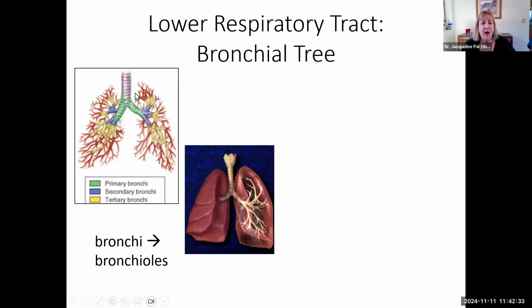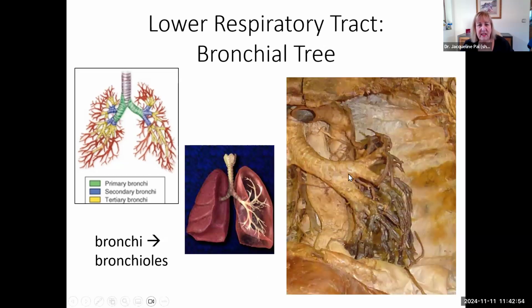Now, as we are traveling among our bronchi, we are losing the amount of cartilage we have. So in our trachea, it was a C-shaped piece, and then it just became little random plates of cartilage. And then by the time we hit our bronchioles, we essentially are not going to be having any cartilage anymore.